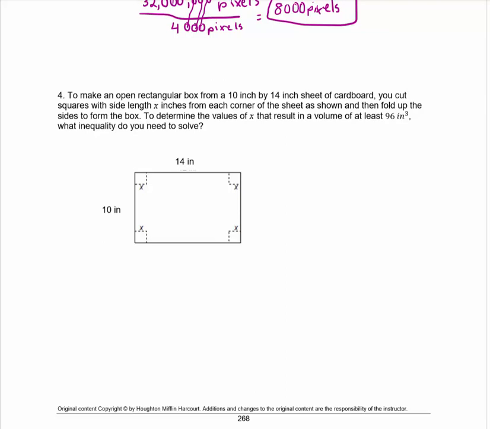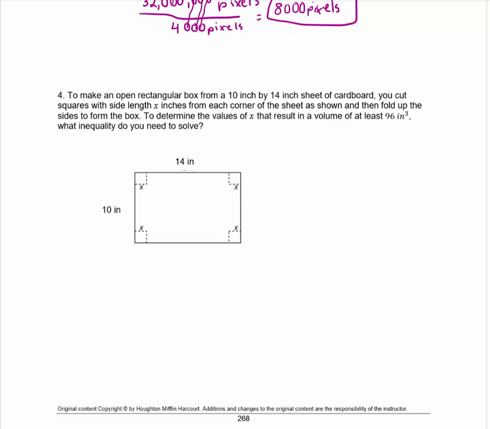So to make an open rectangular box from this 10-inch by 14-inch sheet of cardboard, we cut out squares with side length x out of each corner so that then we can fold up the sides. It'll be an open rectangular box because there won't be a lid unless we make a separate lid. So we want to determine the values of x that result in a volume of at least 96 inches cubed.